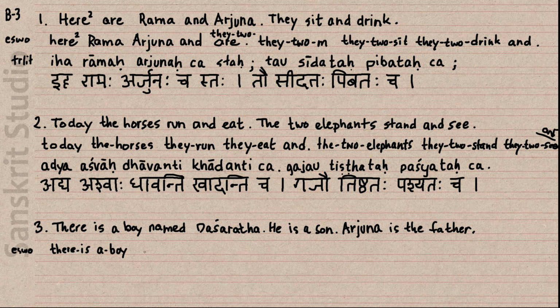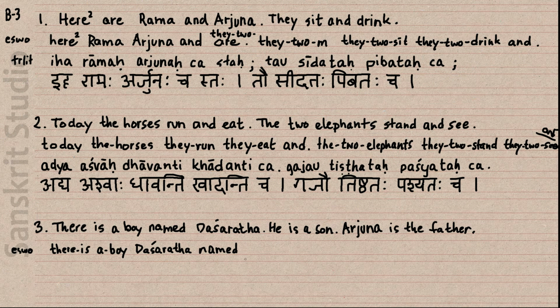So we have to get the right word order, and so we have to put Dasharatha here first, because the word named in Sanskrit controls the proper name Dasharatha, in the sense that the word Dasharatha has to be to the left of named.